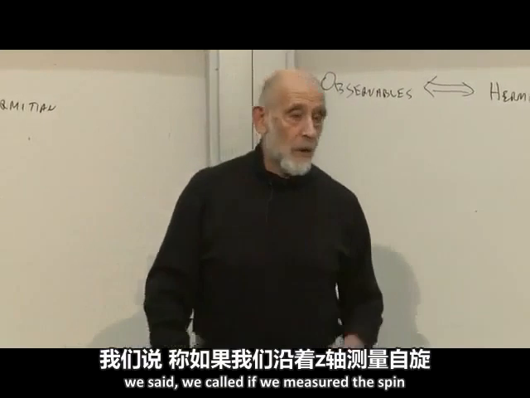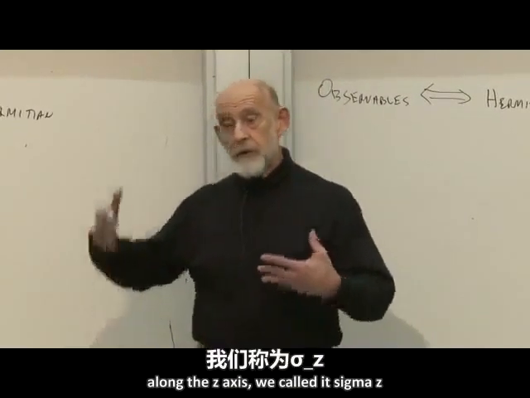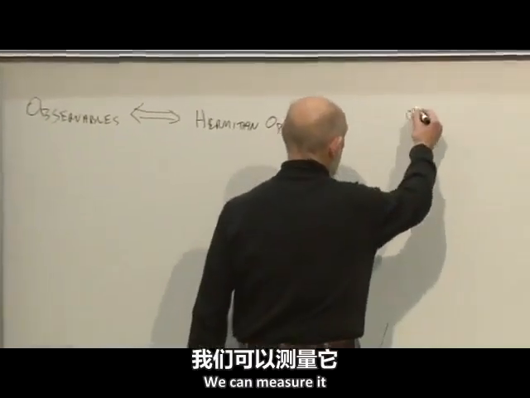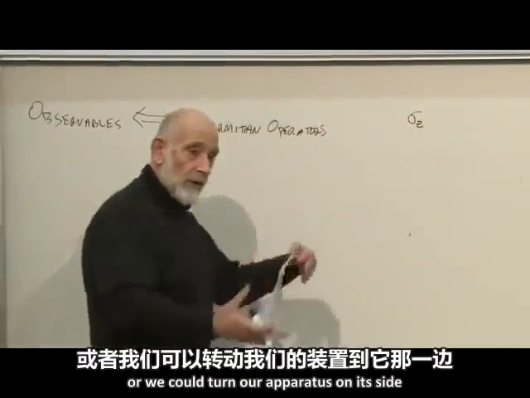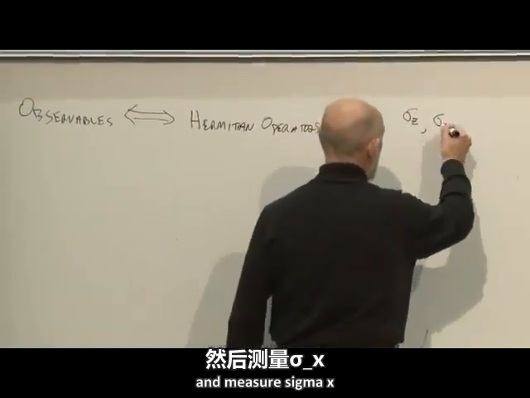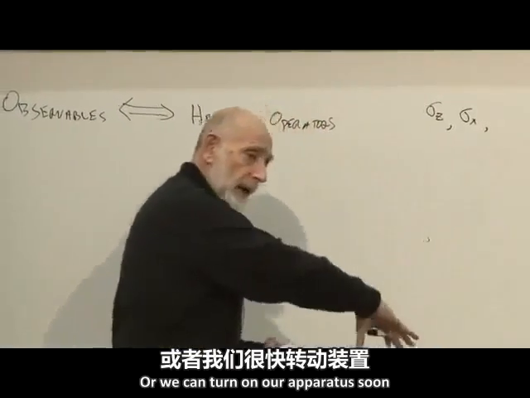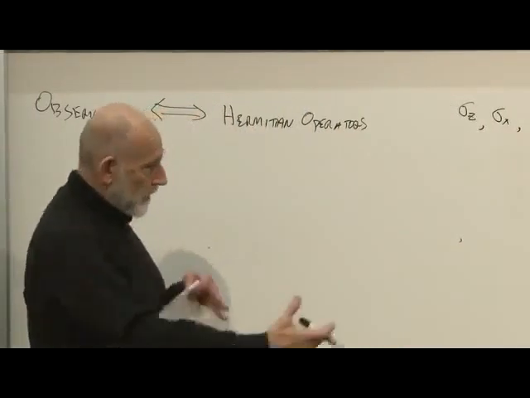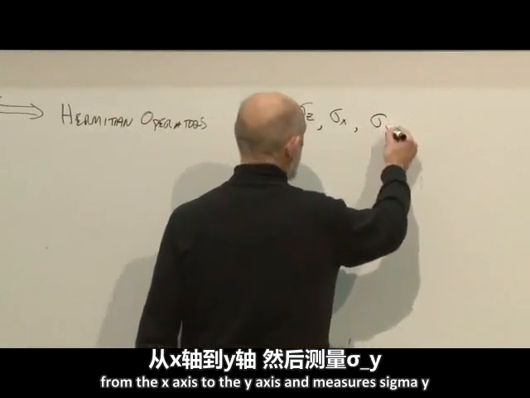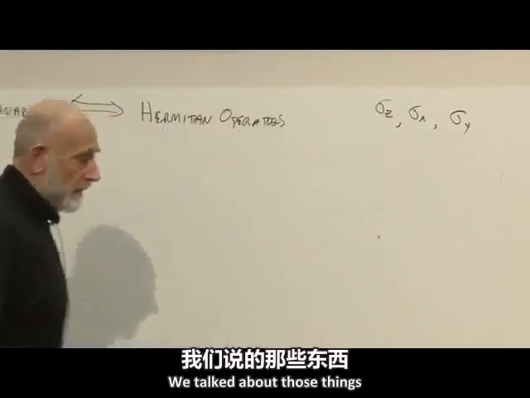If we measured the spin along the z-axis, we called it sigma z. Or we could turn our apparatus on its side and measure sigma x. Or we can turn the apparatus from the x-axis to the y-axis and measure sigma y. We talked about those things.